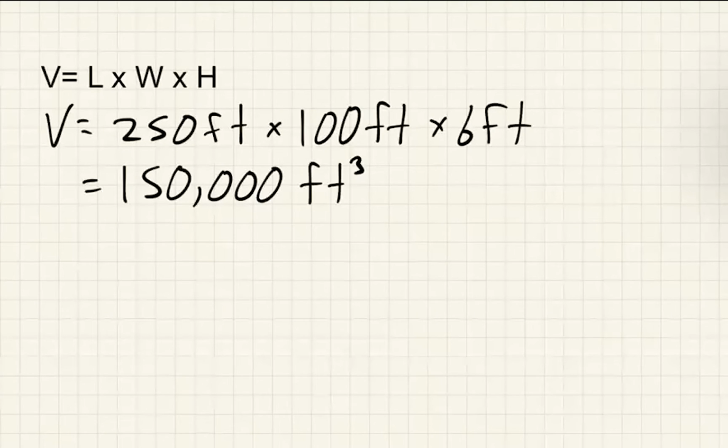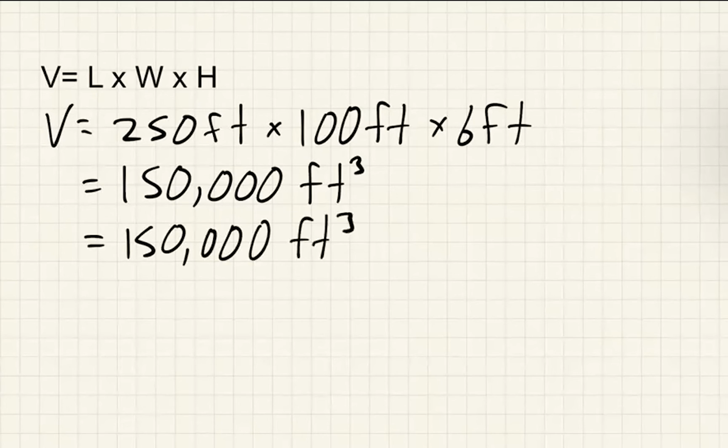Now we need to convert this to gallons. So we will take our 150,000 cubic feet and multiply this by our conversion, which is 7.48 gallons per cubic foot.